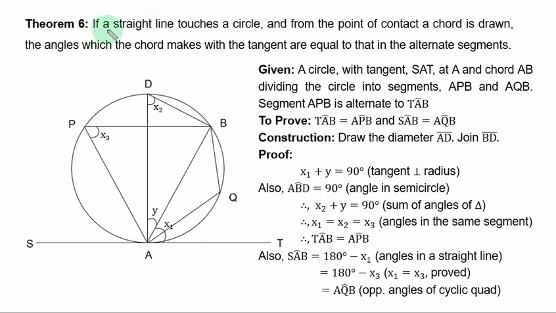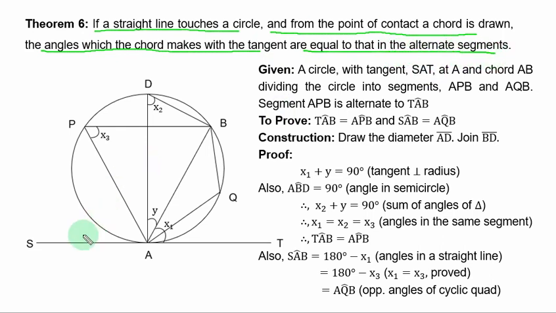If a straight line touches a circle and from the point of contact a chord is drawn, the angles which the chord makes with the tangent are equal to that in the alternate segments.